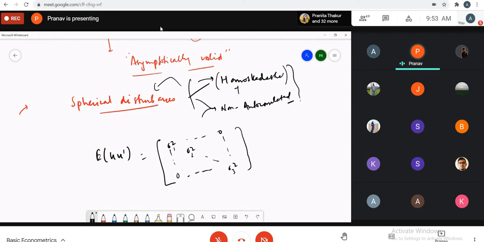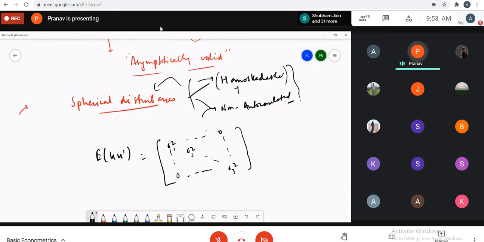If your error terms also are autocorrelated, autocorrelated means errors of this observation or current period observation tend to be correlated with past or previous observations, or they have some form of correlation with each other, then we have the violation of non-autocorrelation. In that case, we say that errors are autocorrelated.